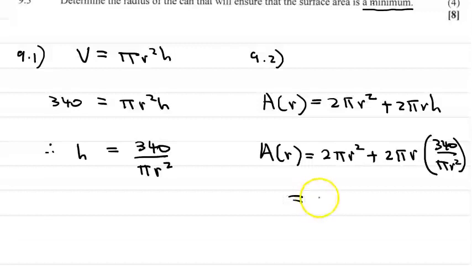Let's simplify: it will be 2 pi r squared plus, pi cancels with pi, and 1 r from r squared cancels with the r, so we're left with 2 times 340, which is 680, all over r.